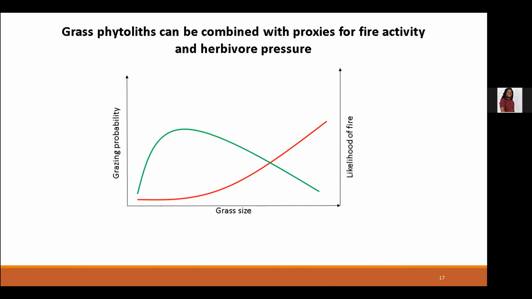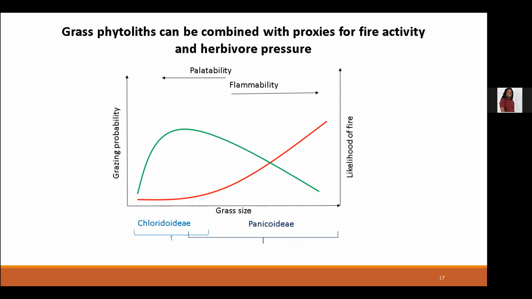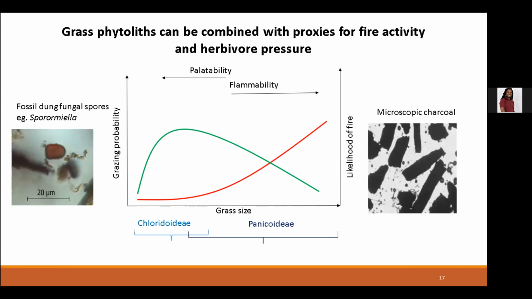And so we can combine phytoliths with other proxies, like fossil dung fungal spores, like Sporormiella, which are found in herbivore dung, which collects near the wetland sedimentary environments, and can be used to infer grazing pressure or herbivore densities or biomass.